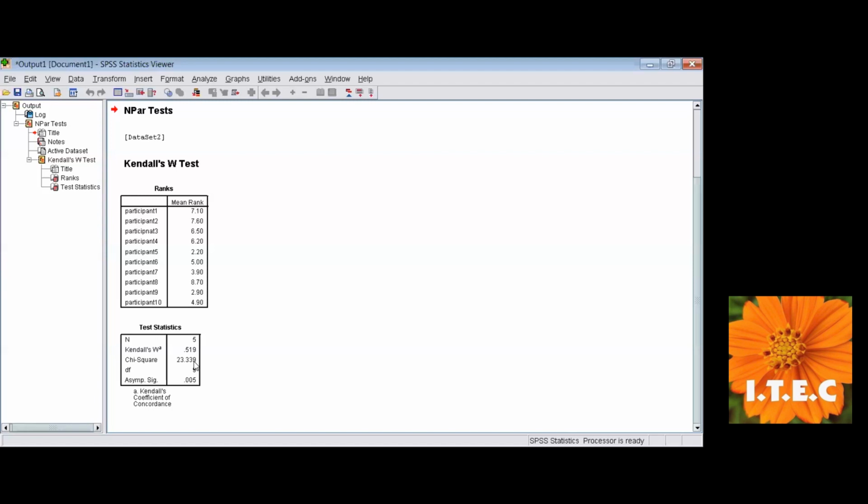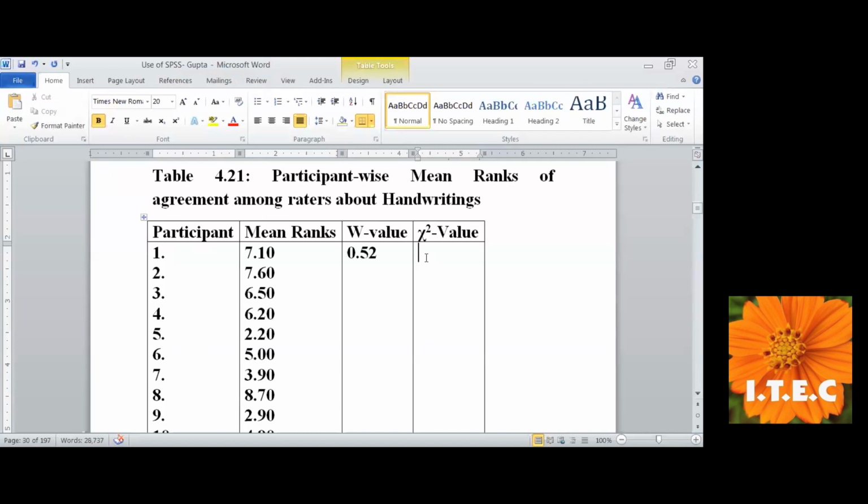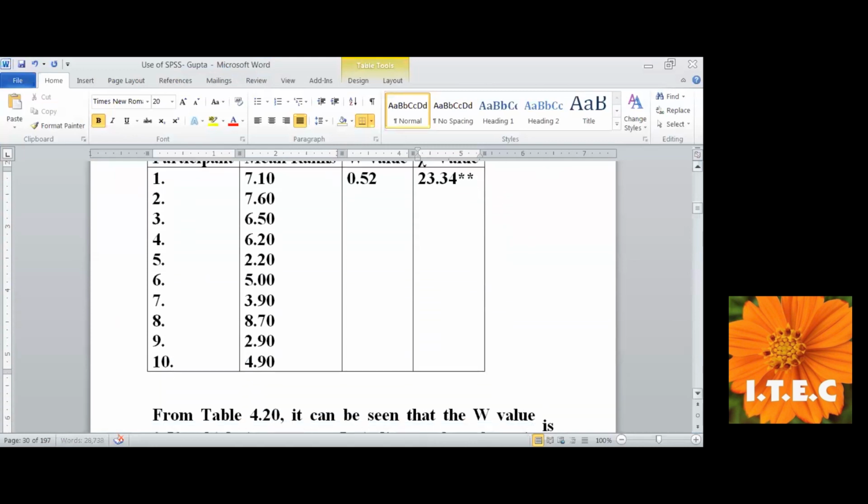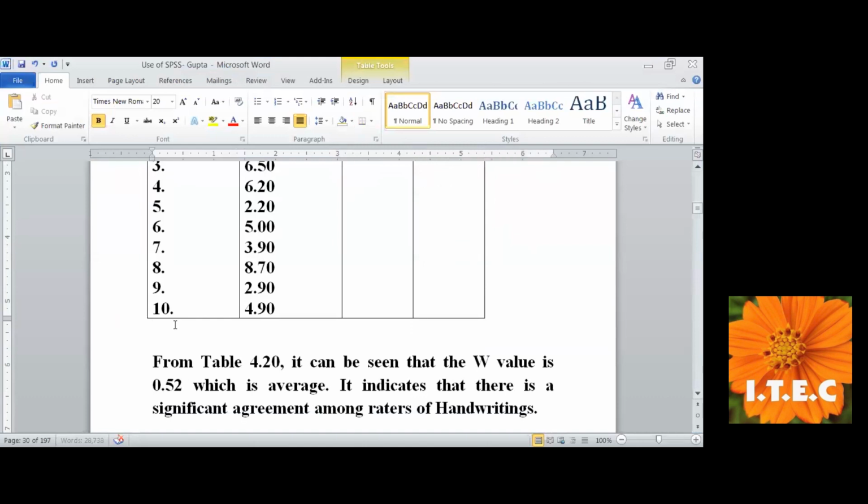And it is significant at 0.01. So I can write here 23.34, and I can put a double star. If you want to have one more column, you can have, I don't mind. You can put a double star and say significant at 0.01 level.